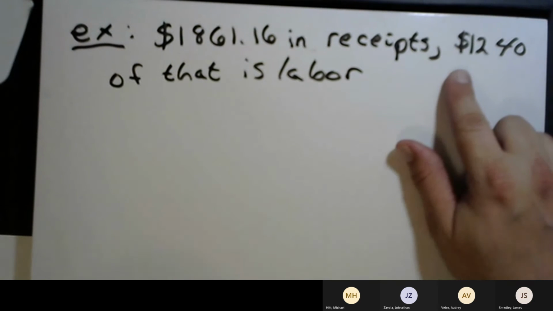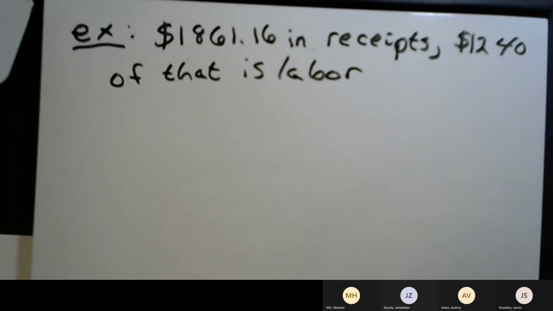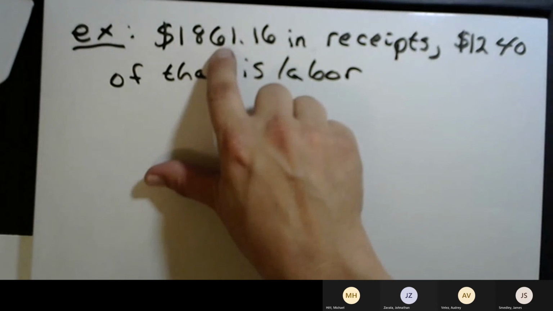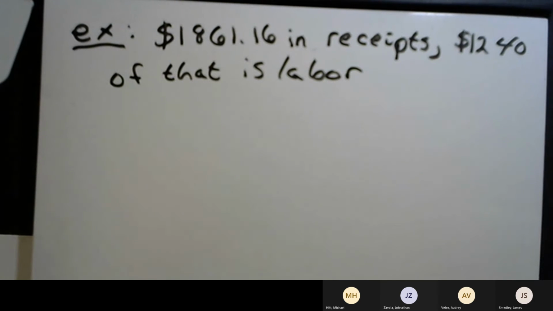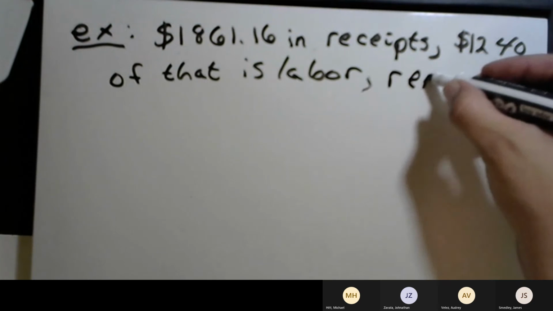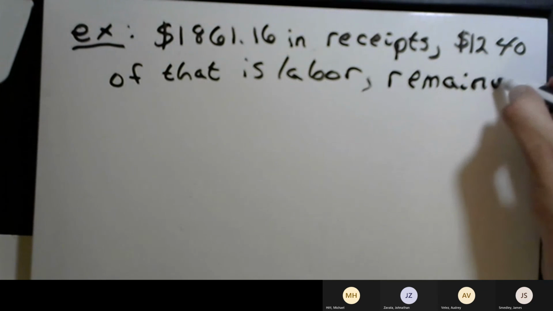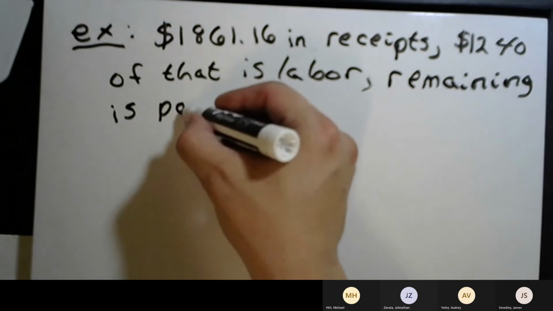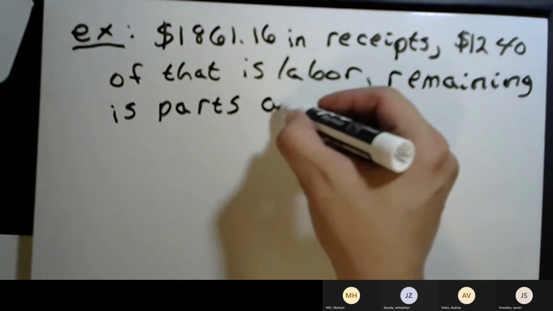Now they're going to pay the shop usually for two things, parts and labor. So you have $1,240 of this. That's going to be labor. The remaining is parts, and oh, they do bring in something else.